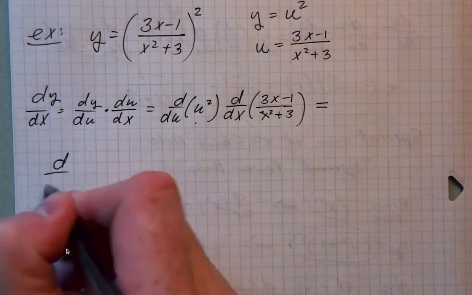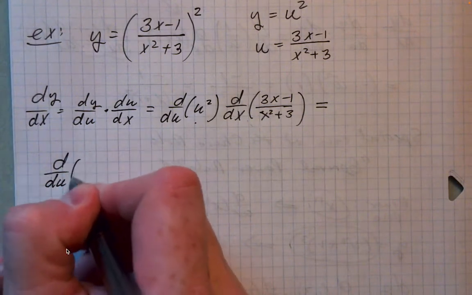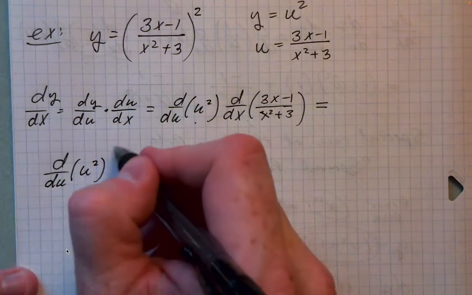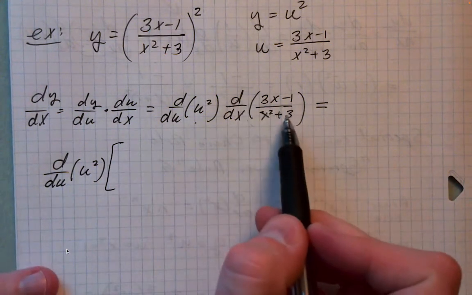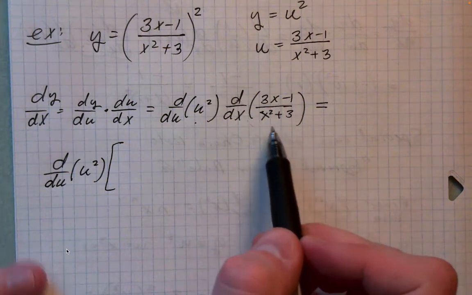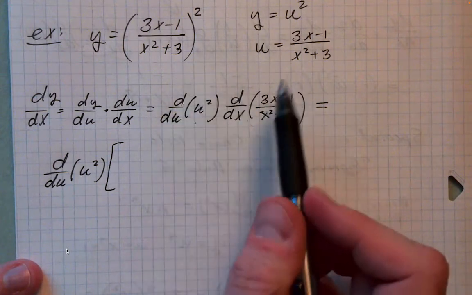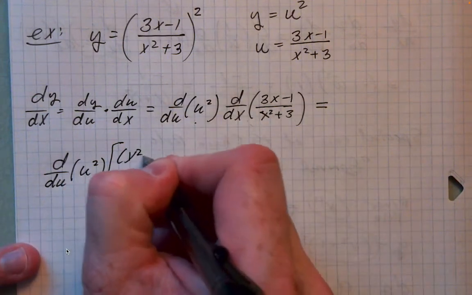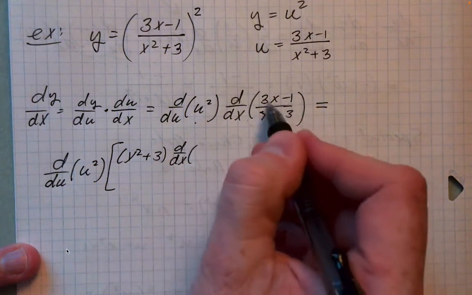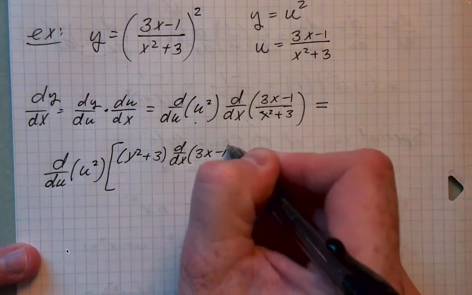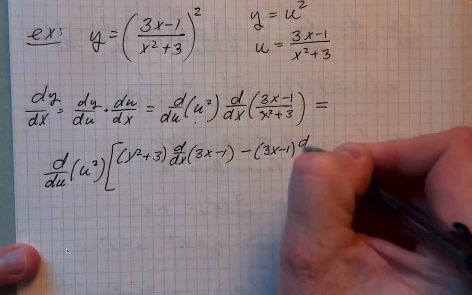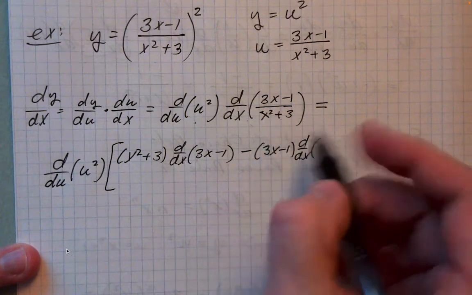So I'm going to leave everything as is. I'm not going to differentiate anything yet, just because I want the ultimate form of the derivative to be really clear. Now this derivative here, remember, is going to leverage the quotient rule, so it's low times the derivative of the high, so it'd be x squared plus 3 times d dx of the high function, which is 3x minus 1, minus the high function, 3x minus 1, times the derivative of the low function, x squared plus 3.